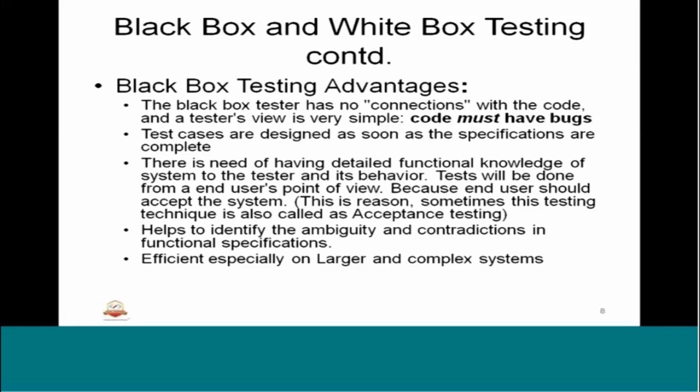And black box testing helps to identify ambiguity and contradictions in function specifications. That means while writing the test cases or executing them, we will know there are issues in the system specification itself or the functional specifications, because there will be some requirements which contradict other requirements.